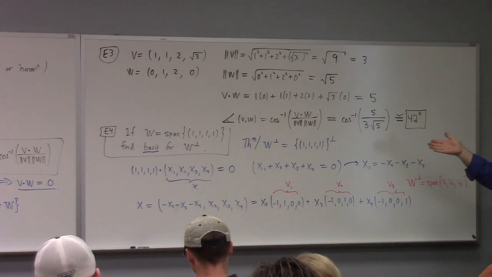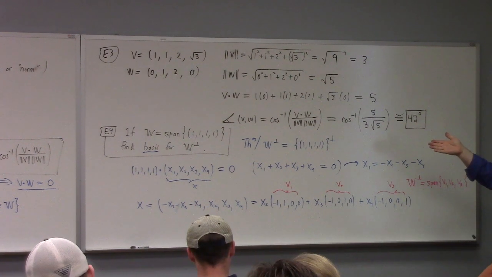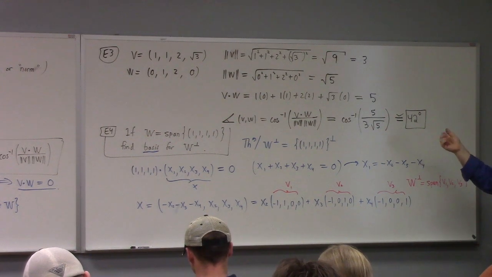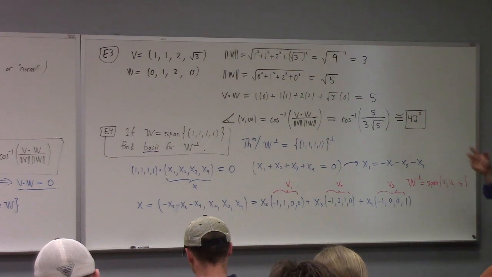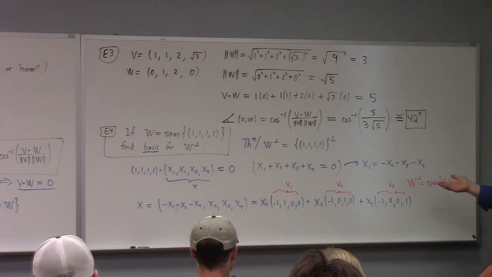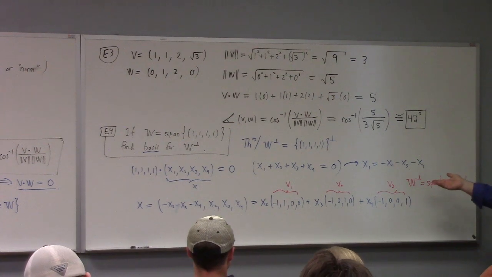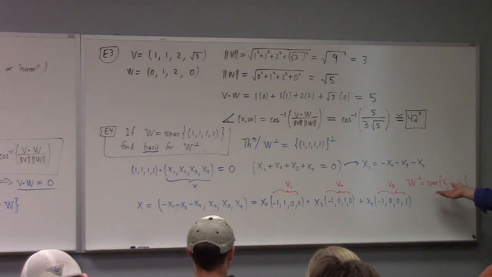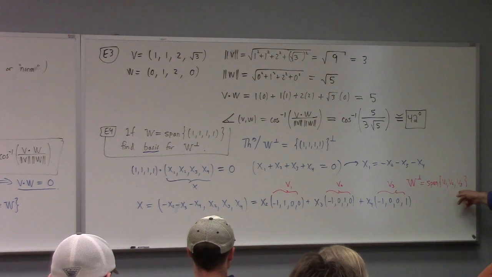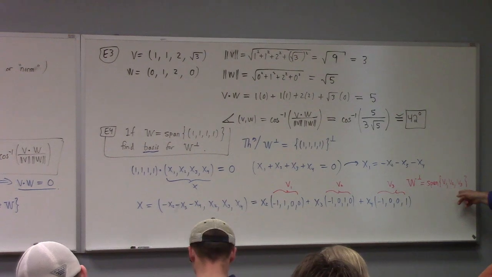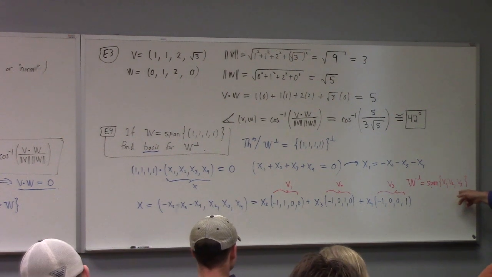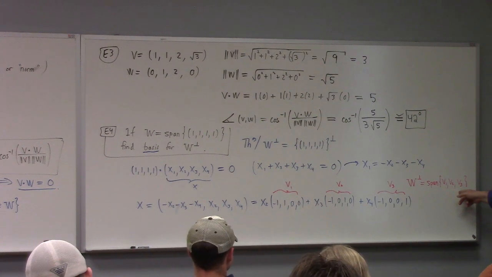W is a line through the origin in 4 dimensions with direction vector 1, 1, 1, 1. What is the perpendicular to a line in 4 dimensions? It's a volume, right? This has 1, 2, 3 linearly independent vectors. So the space perpendicular to a line in 4 dimensions is actually a volume.